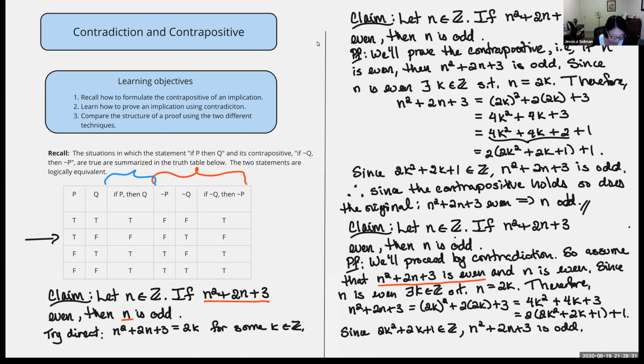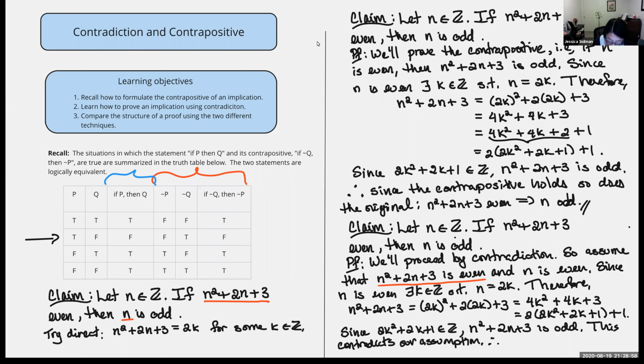Oops, let me get my black pen back. So this contradicts our assumption. And so since we have a contradiction, it must be then that that's false.